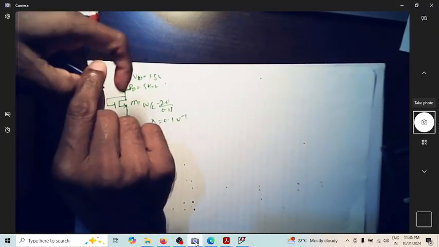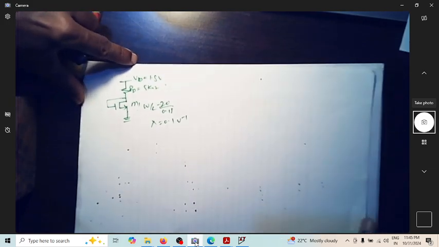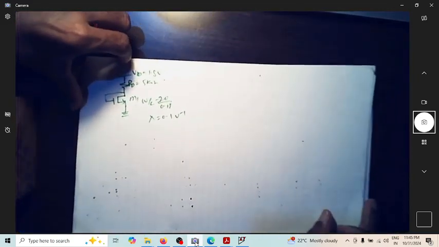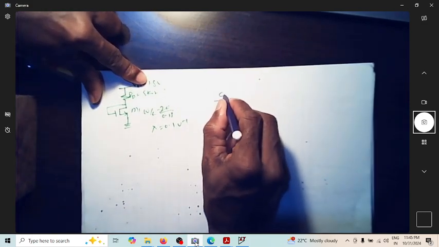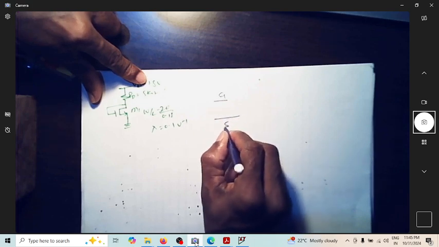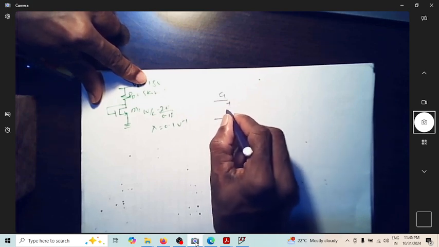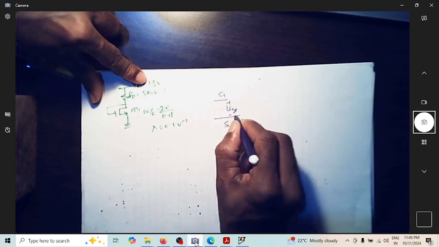These are the values that I have. So of course we are asked to find what is the small signal model of this. So let me rewrite. This is a gate, source, this is plus minus VGS.